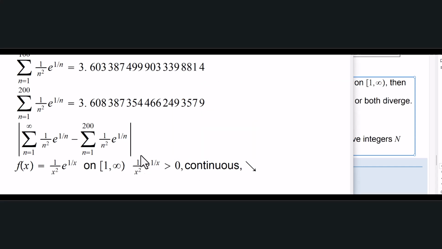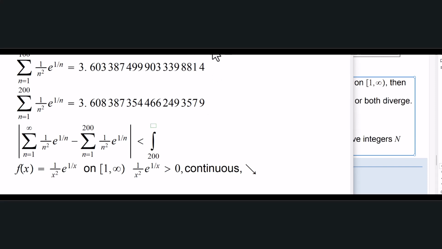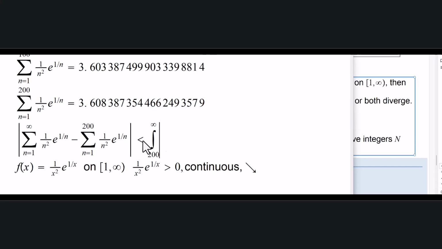So according to that criteria, this will be less than the integral, from 200 to infinity, of 1 over x squared e to the 1 over x dx.